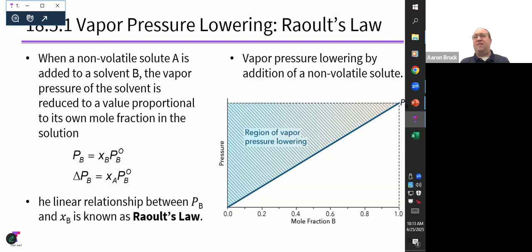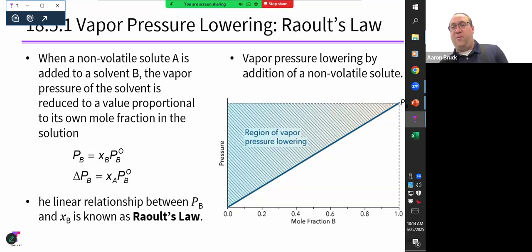Well, what we see is that if we go away from just looking at a solvent and looking more at a solvent as part of a solution, we see that there is a definitive relationship between the overall vapor pressure it exhibits on its own and what happens to that vapor pressure when we start mixing it with something else.